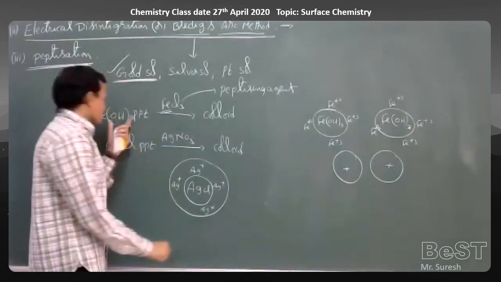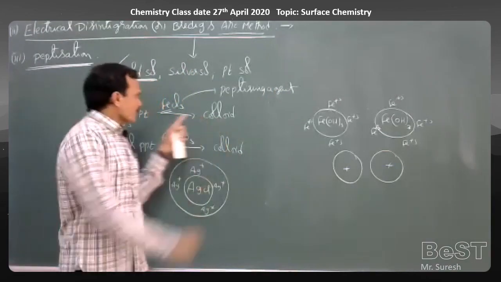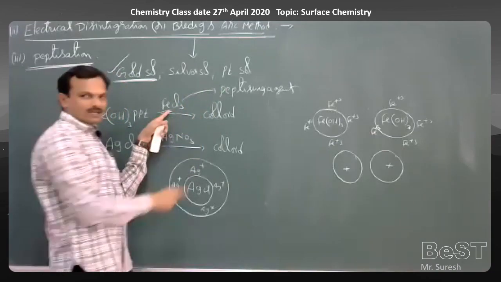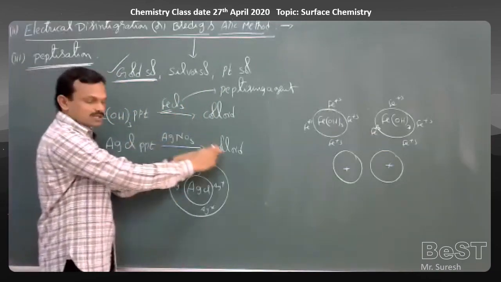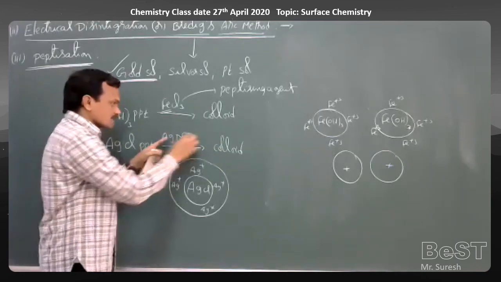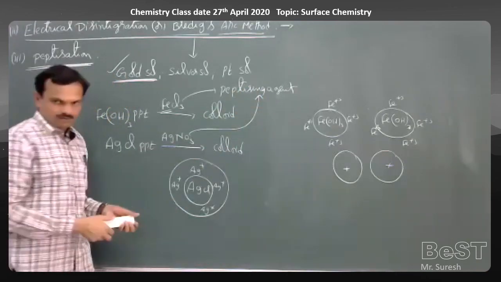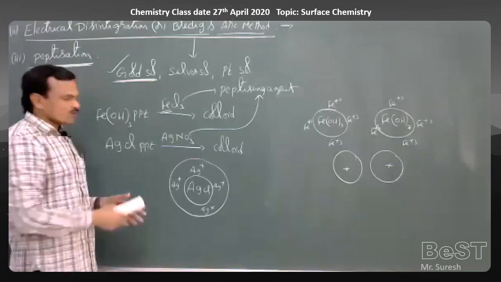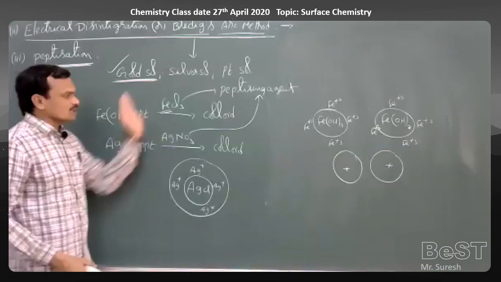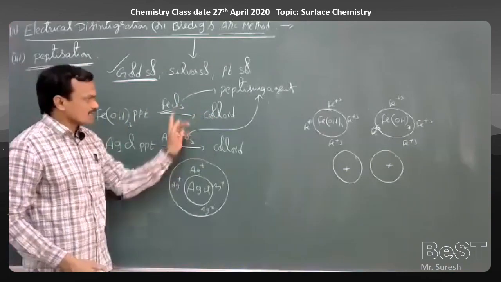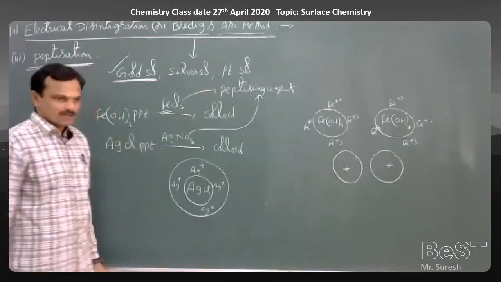In the conversion of ferric hydroxide to colloid, the peptizing agent is ferric chloride. Similarly, in the conversion of AgCl precipitate to colloidal solution, the peptizing agent is AgNO3. So the electrolyte which is added to convert the freshly prepared precipitate into colloidal solution is called the peptizing agent.